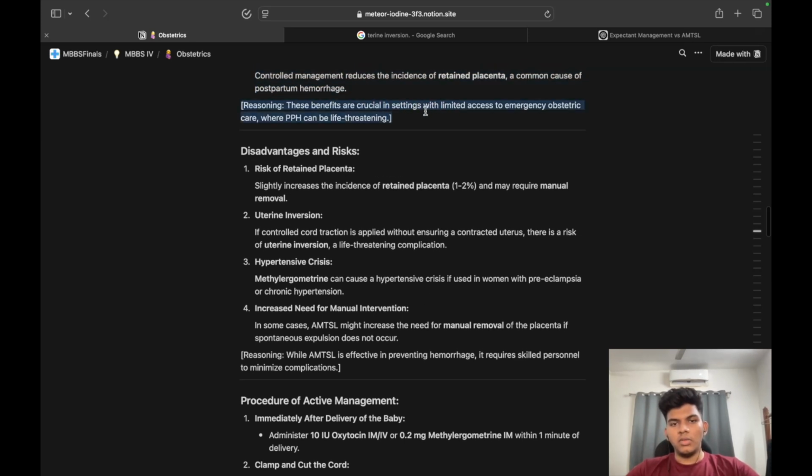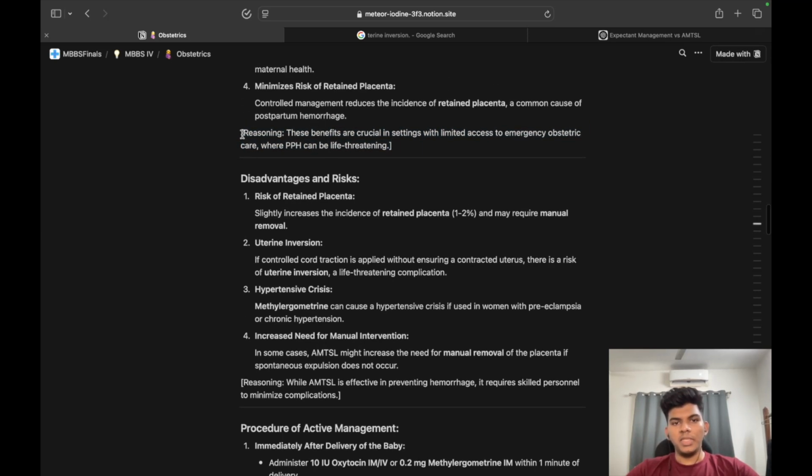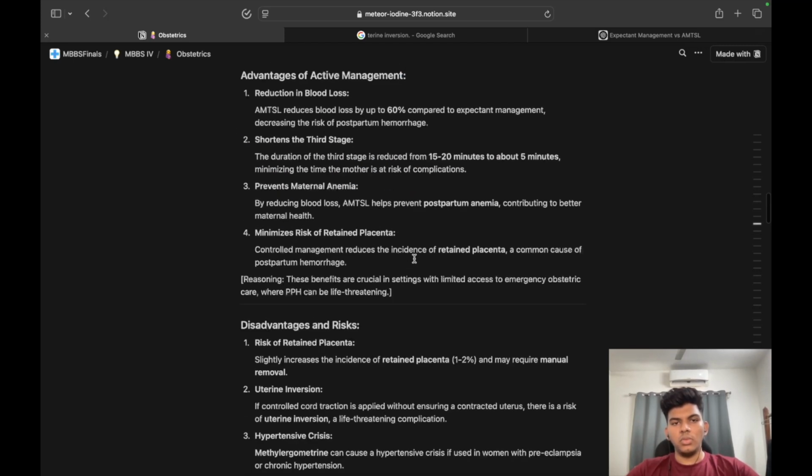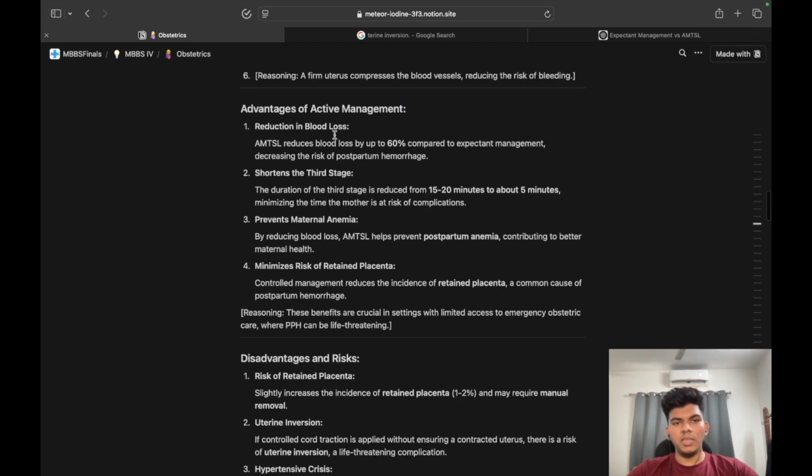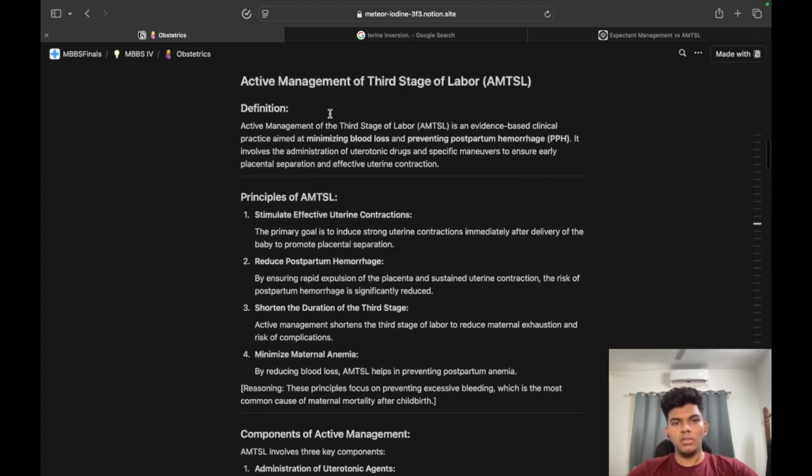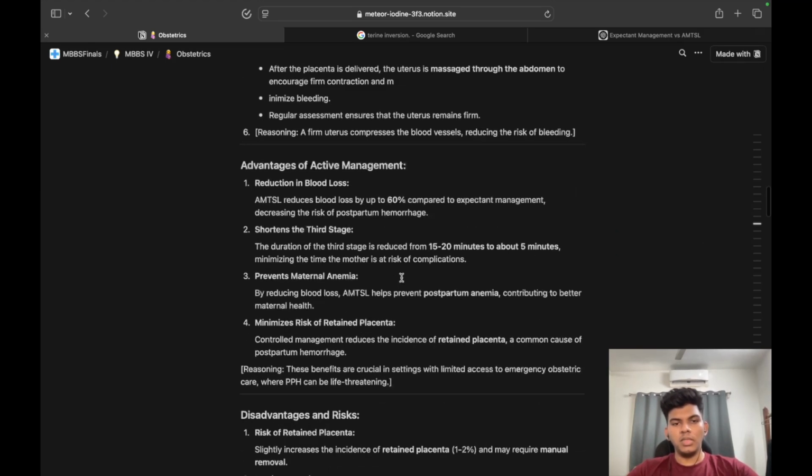Reasoning: these benefits are crucial in settings with limited access to emergency obstetric care where PPH can be life threatening. So we have seen the advantages, the same as the goals and principles.